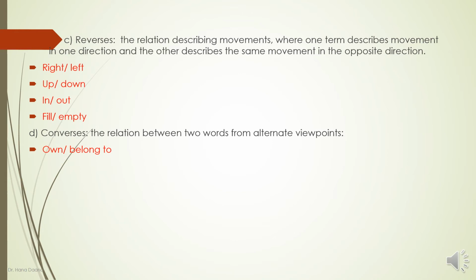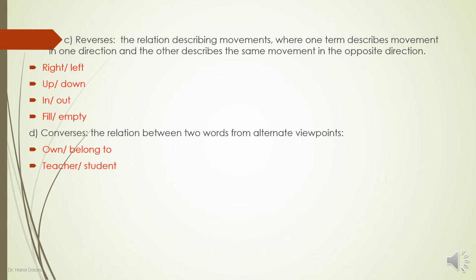Of course, it's a kind of paraphrasing, but we are talking about the idea from a different perspective. If I'm talking about the owner, I say I own the car. If our concern is the owned thing, I say the car belongs to me. So it depends on the perspective from which you are looking at the information.